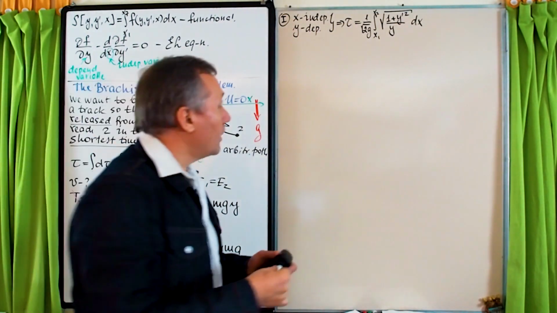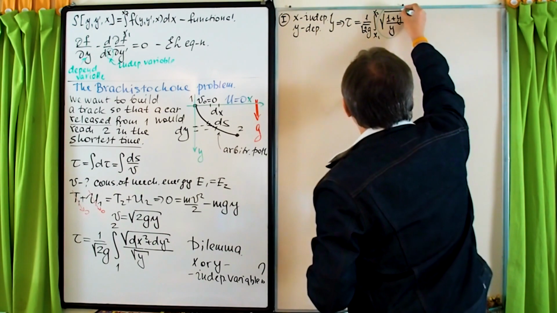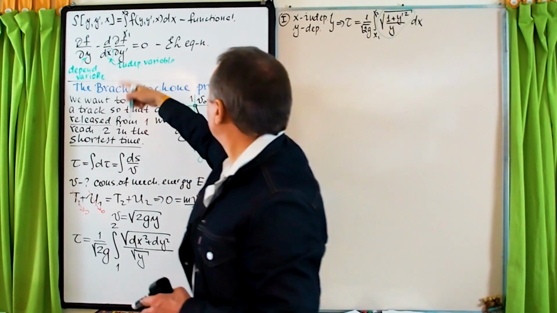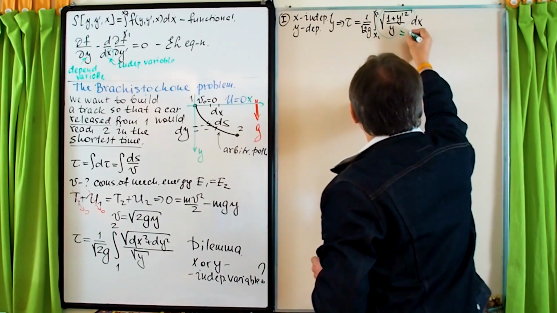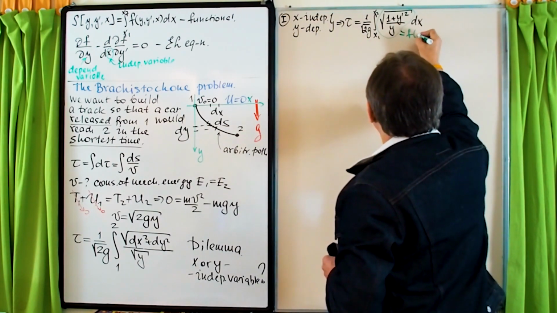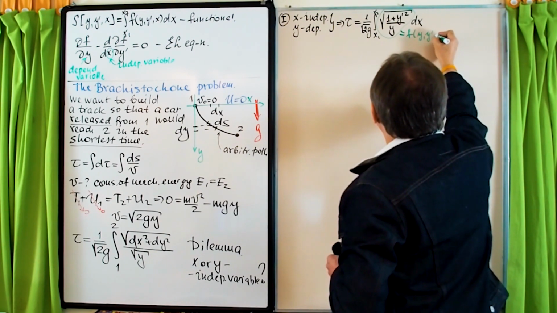So this is our integrand, right? So this is our function f. In this case, it's a function of y and y prime, and x is not there, right?